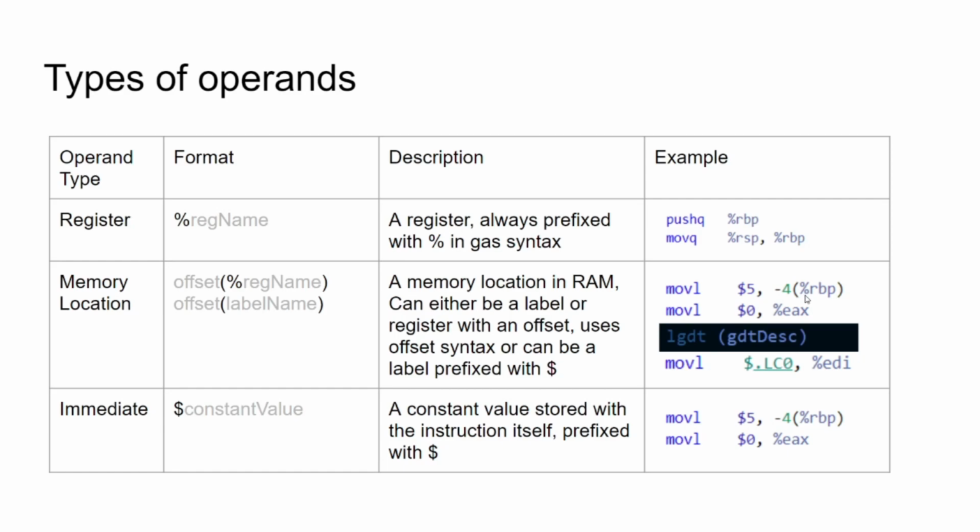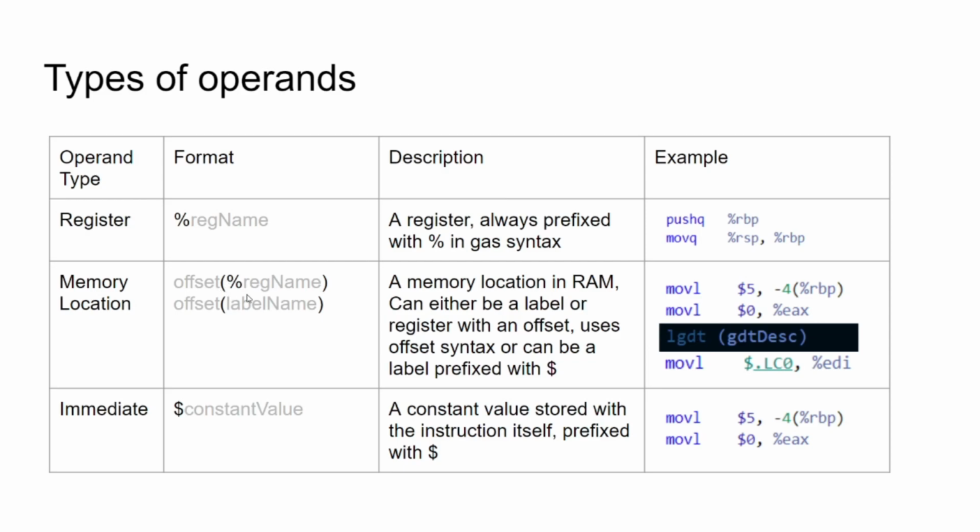Here you're going to see RBP, of course, the base of the stack, and here we have an offset of -4, which means we are 4 off of RBP. And you can also offset to a label name as well. So here's LGDT, gdt_descriptor, and gdt_desc is a label name. And this is actually taken straight out of the operating system code.